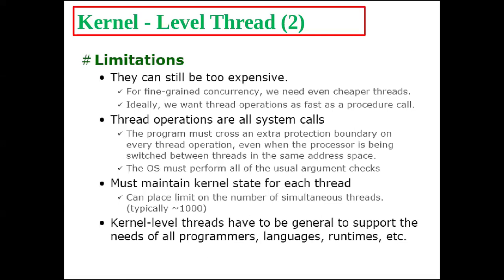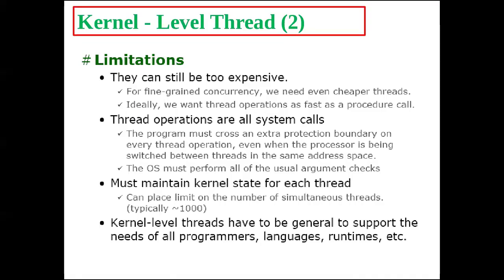The third limitation is that kernel state must be maintained. Each thread requires its own state. The OS must track all threads, and this consumes system resources. This can place a limit on the number of simultaneous threads, approximately 1,000 threads. Now the final limitation, the need for generality.